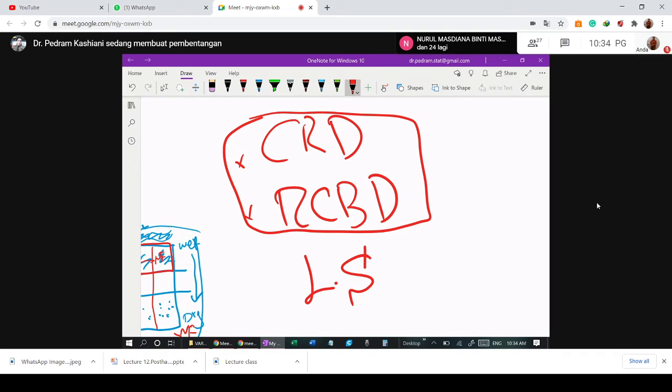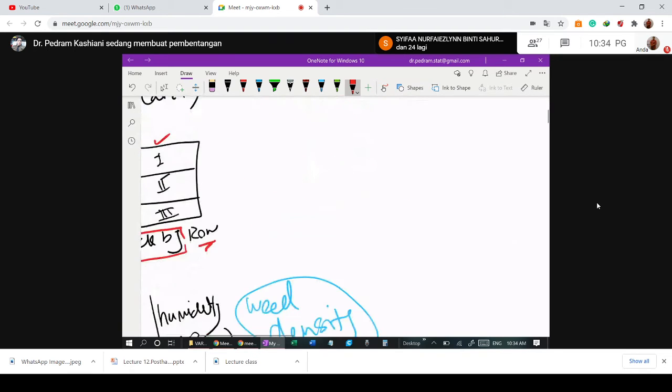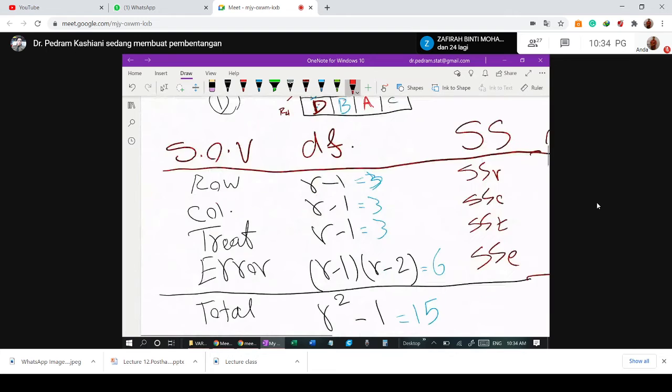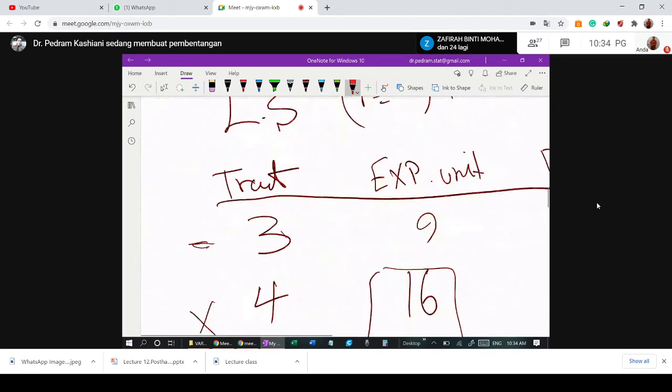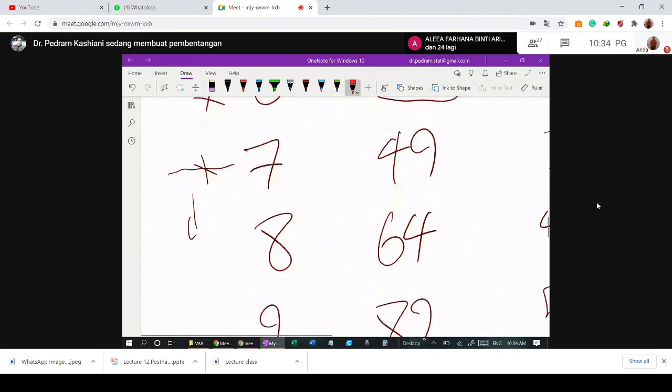So maybe I want 3 levels of nitrogen, 5 levels of phosphorus. I want to understand what is the best nitrogen and what is the best phosphorus. I would have to do two separate experiments, but is it possible to put these two experiments together in one? That is what we call a factorial. So this is what we discuss in the next lecture, and that is the last experimental design.